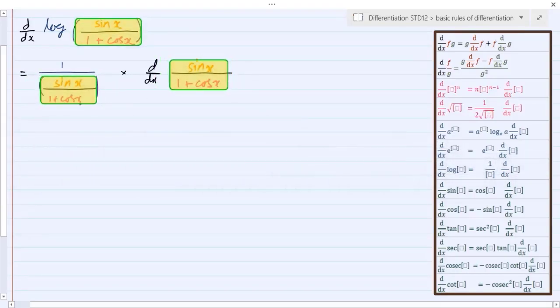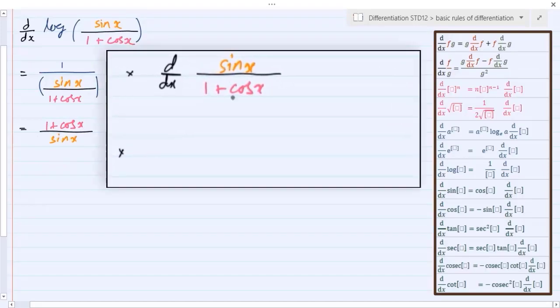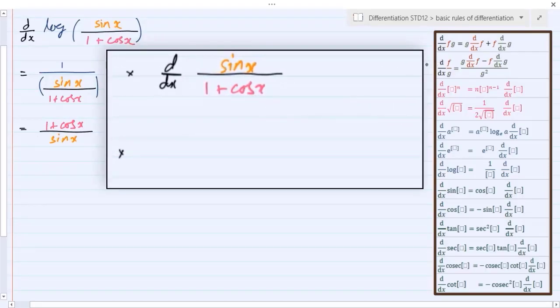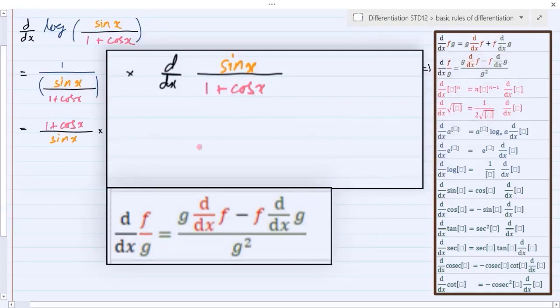Within the box we have sin x upon 1 plus cos x. So in first term we can simplify as 1 plus cos x upon sin x. We have to differentiate sin x upon 1 plus cos x, and for that we are going to use division rule. According to division rule, your denominator will be as it is.